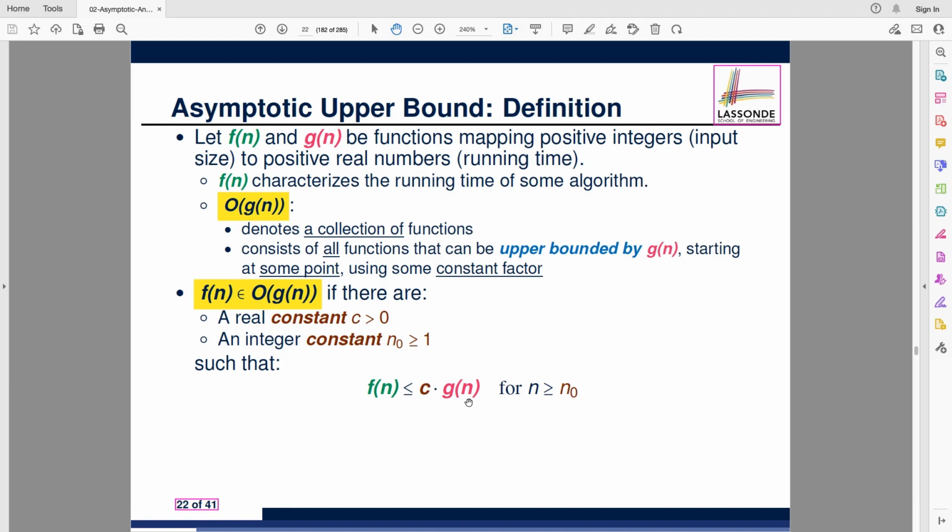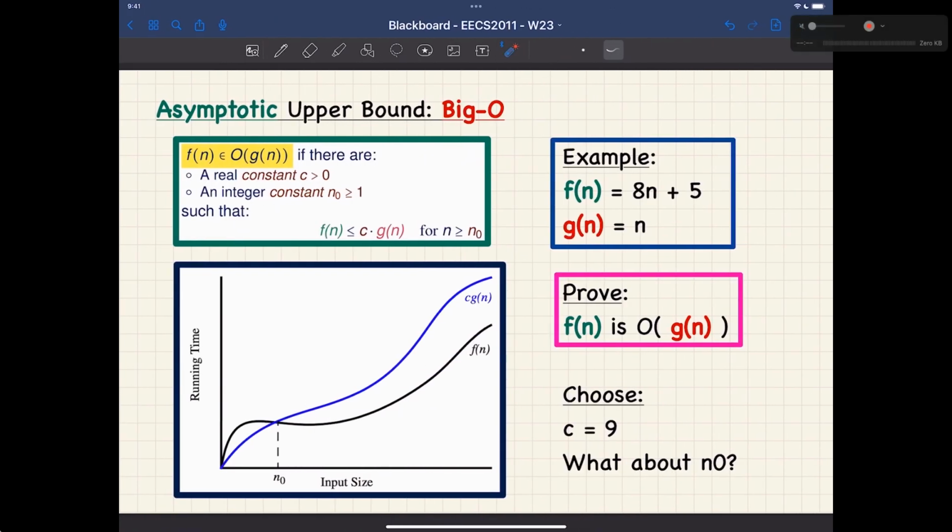But let's now visualize exactly what's happening here. What we want to prove is f(n) is a member of big O of g(n), right? Just to remind you about that nice diagram, you always want to keep in mind.